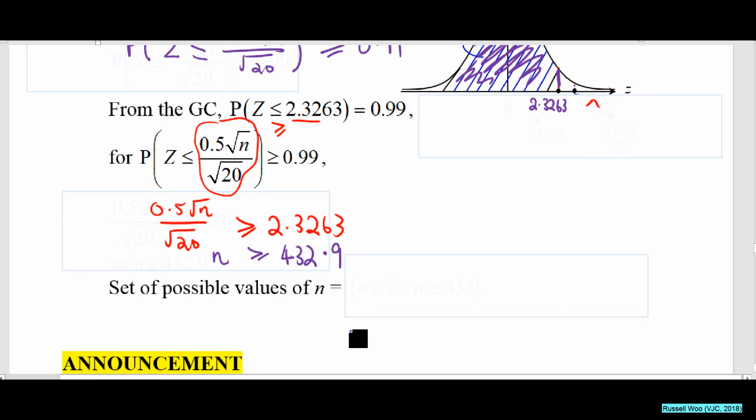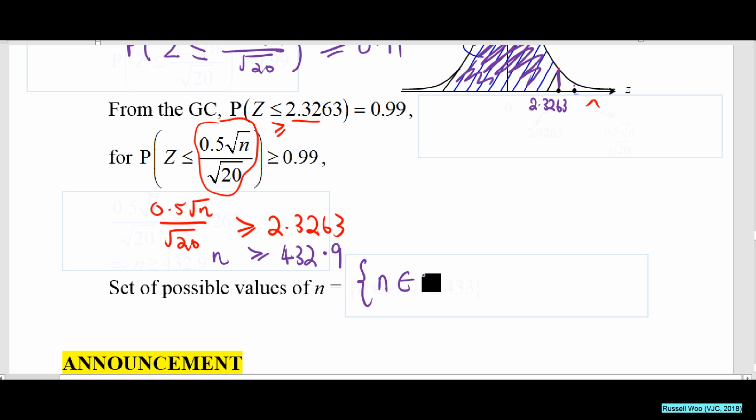The question requires us to find the set of values. Means you've got to present this in set notation. Remember? Or forgot? I think you all forgot. Set notation means you have to enclose it in curly brackets. They say n belonging to real.